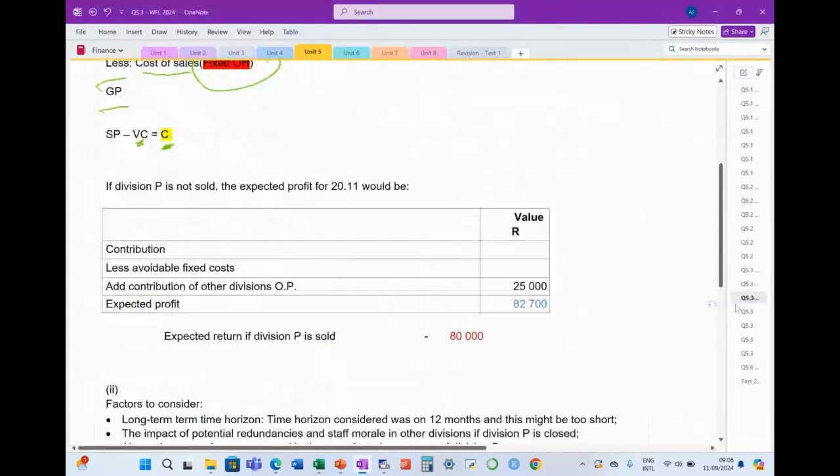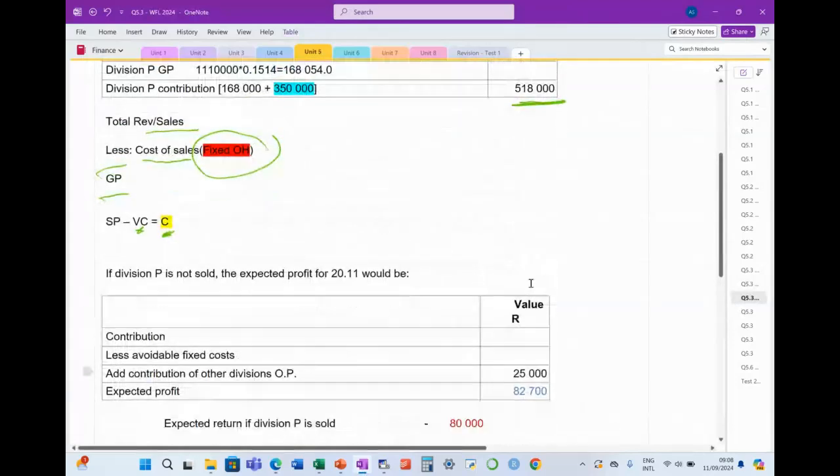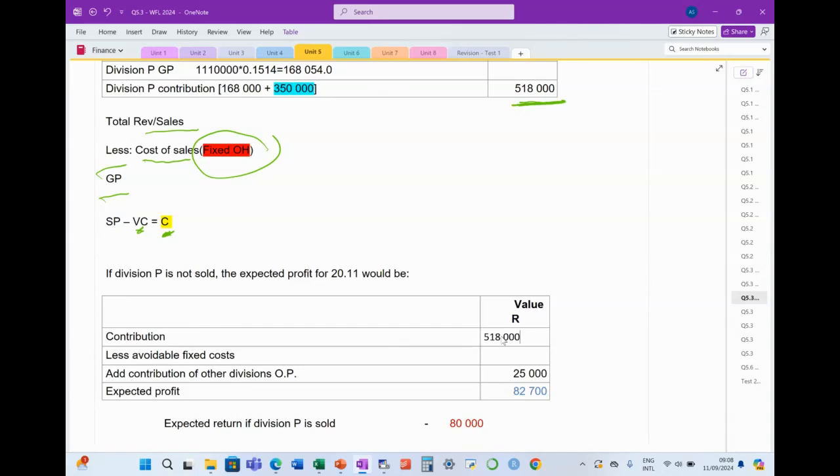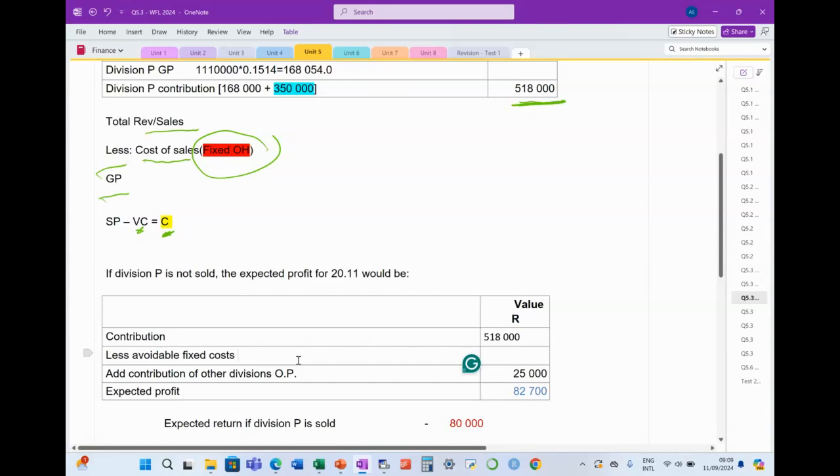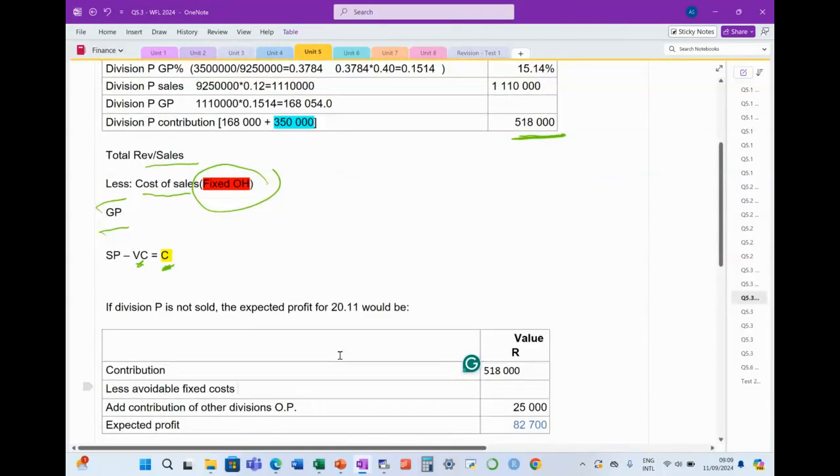So let's proceed. We've worked out our contribution. Here the contribution for the department is 518,000. But then we have the fixed costs, because remember we want to find out, is division P more profitable to keep than to sell?